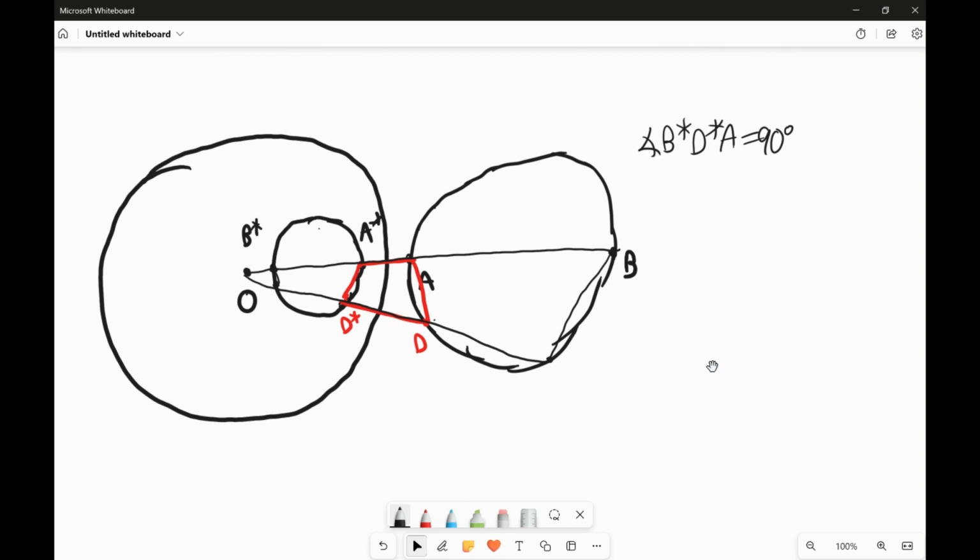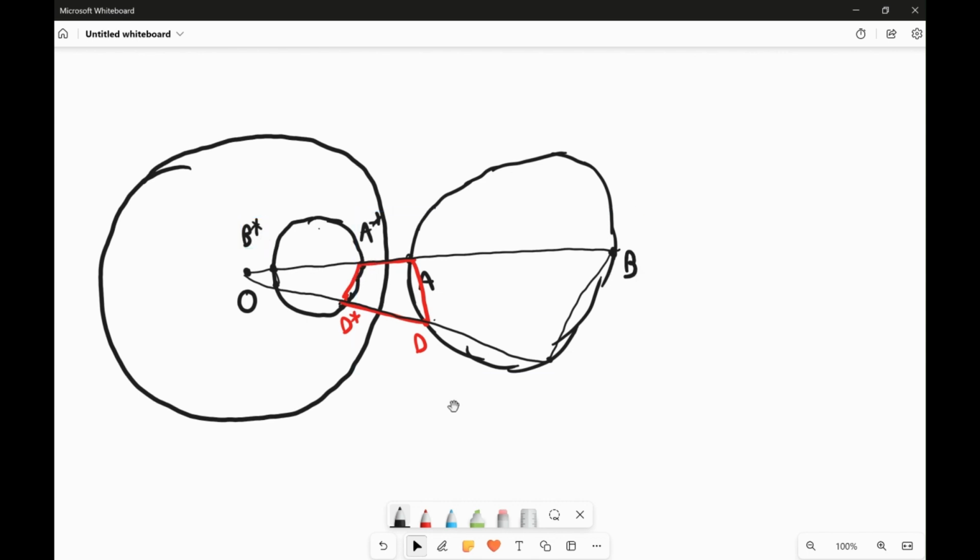It turns out that there's even a more general claim, that any two circles invert to each other with respect to another circle. And to prove this, we have points A and B here, such that O, A, and B are collinear. Then we construct the inverse of A, which is A star, and the inverse of B, which is B star.